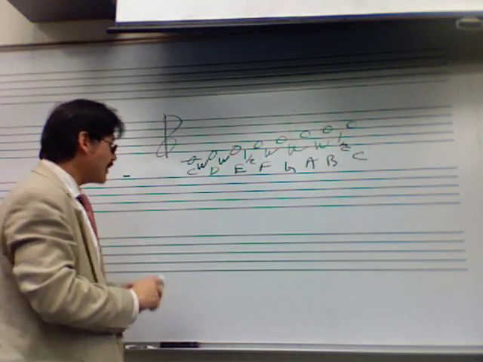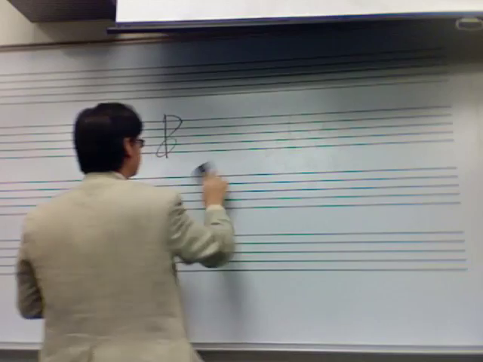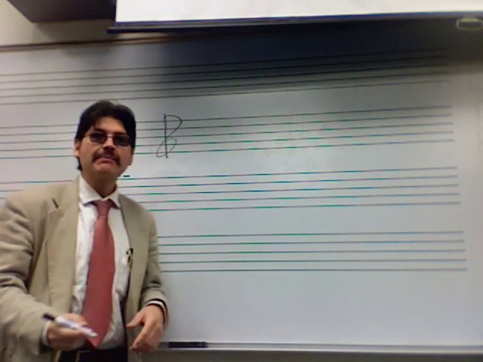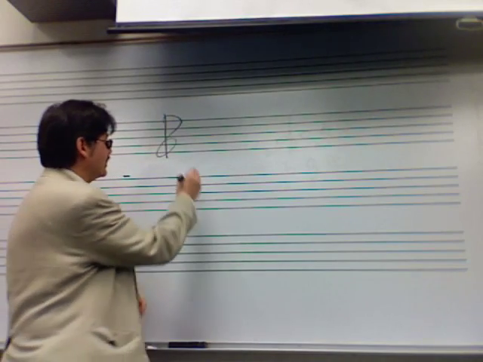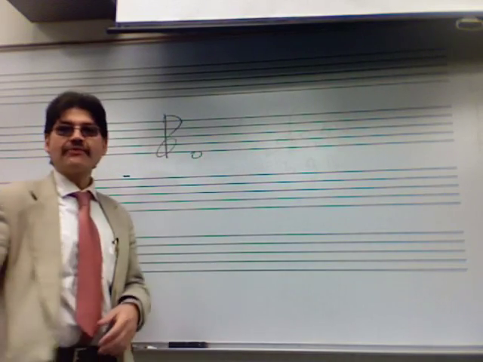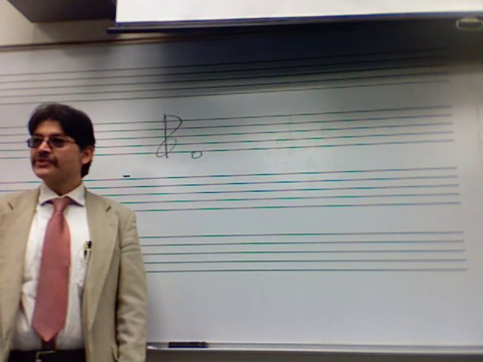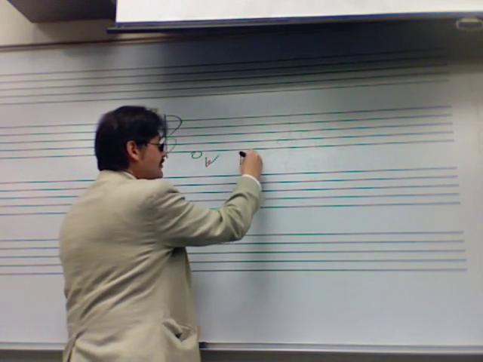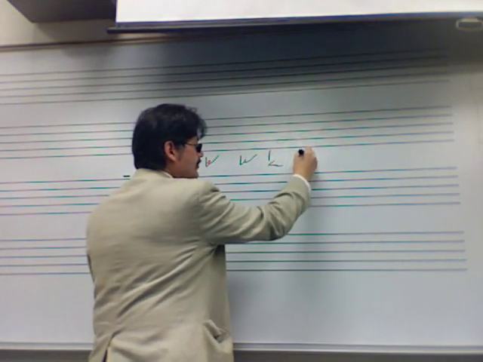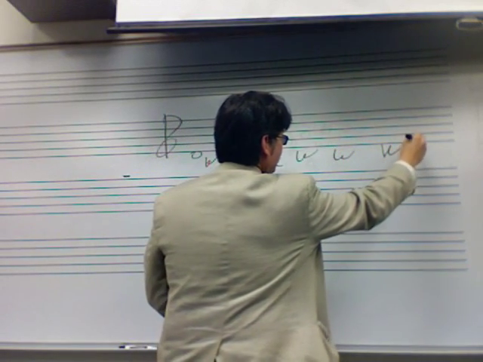Follows that. So theoretically, now let's say I want to build a scale starting on, let's say D. So I'm going to start off with D. First off, what's the pattern again of a major scale? Whole step, whole step, half step, whole step, whole step, whole step, half step.